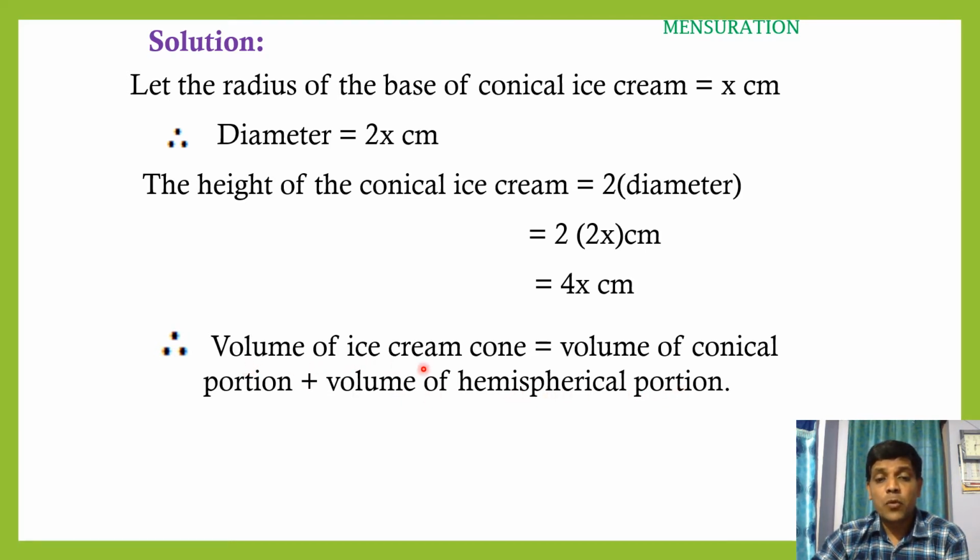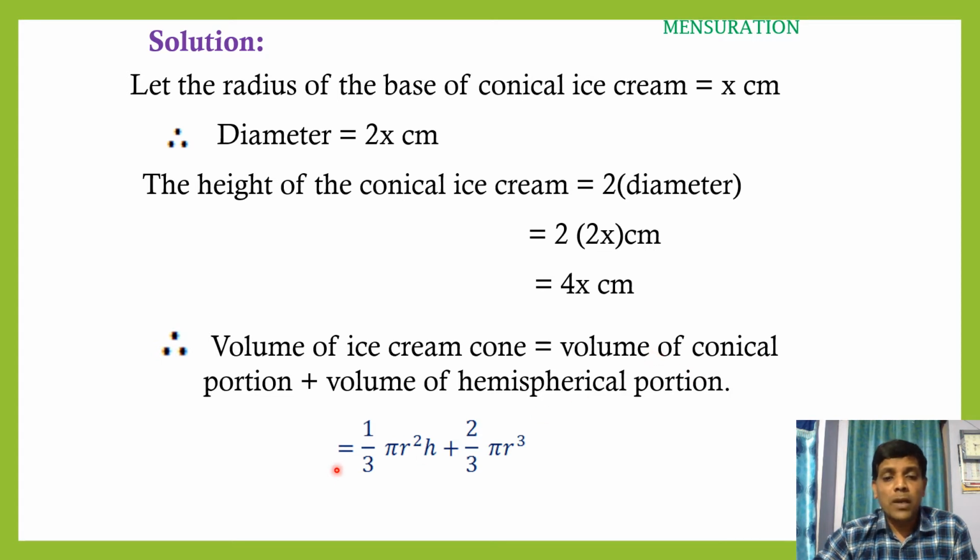So the volume of cone, 1 by 3 pi r square h, plus the volume of hemisphere, 2 by 3 pi r cube, is completely the volume of the ice cream cone.